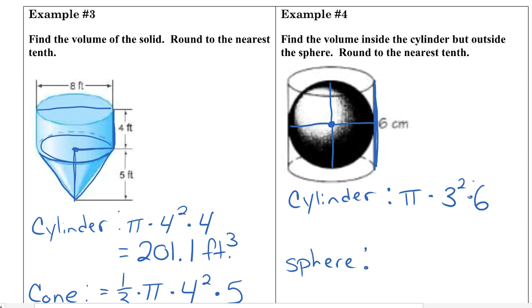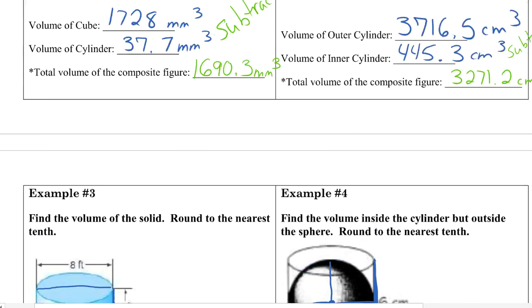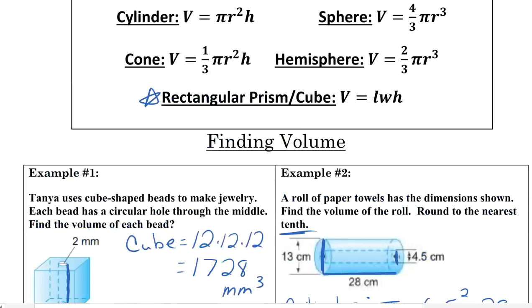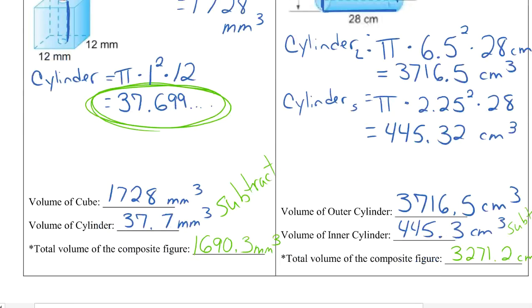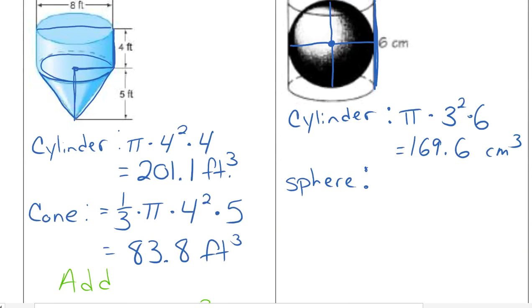So if I go ahead and figure that out, my volume would be 169.6 centimeters cubed for the cylinder. And then for the sphere, remember we have a completely different formula. We're going to be using 4/3 pi times radius cubed.